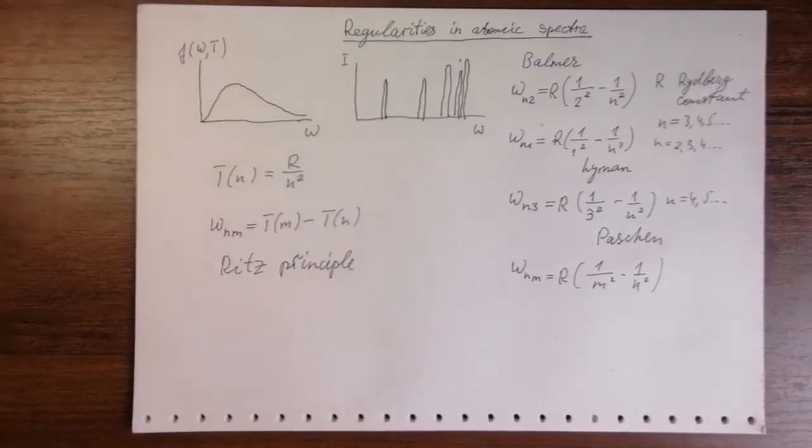If we try to understand these regularities, which are observed in experiment and are represented by these formulas, from the point of view of classical physics, there are some problems.